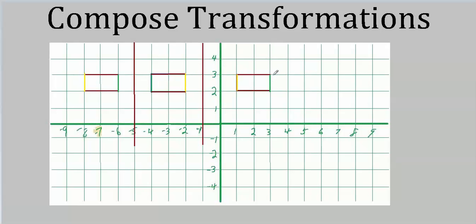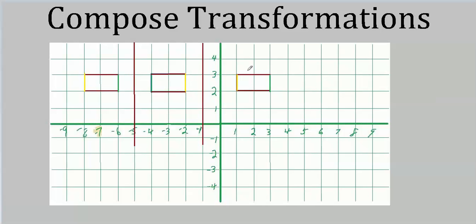Well, wait a minute. Now that I've reflected these twice, it's kind of like I flipped this, isn't it? Well, if I flip it, and then flip it again, I end up right back where I started. Well, except that this object is shifted, just like in a translation, isn't it?